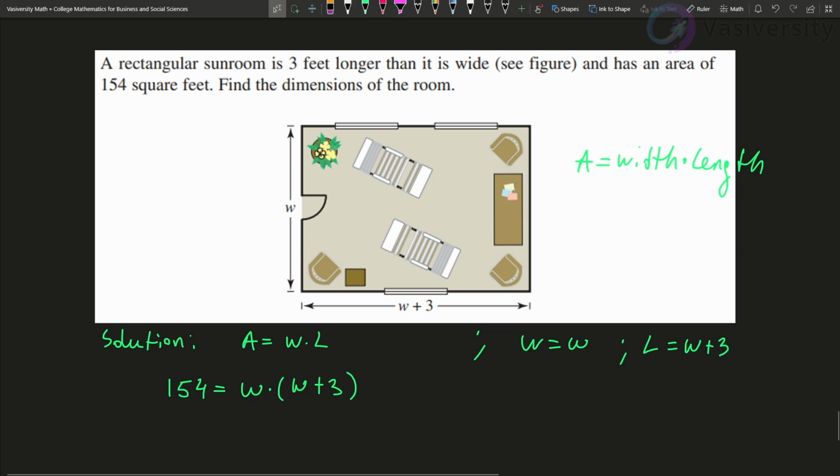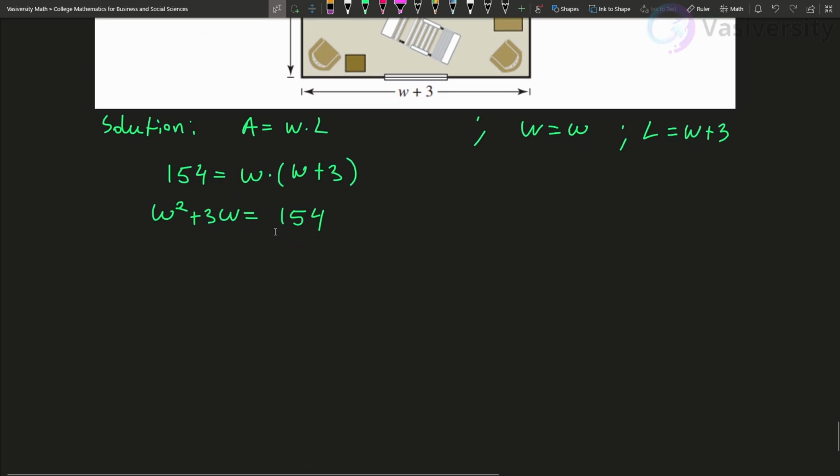Okay. So now let's go ahead and distribute. We're going to have width squared plus 3 width is equal to 154. And now let's subtract 154 from both sides to bring the equation into the standard form. So we're going to have w squared plus 3w minus 154 is equal to 0. Let's go ahead and try to factor it.